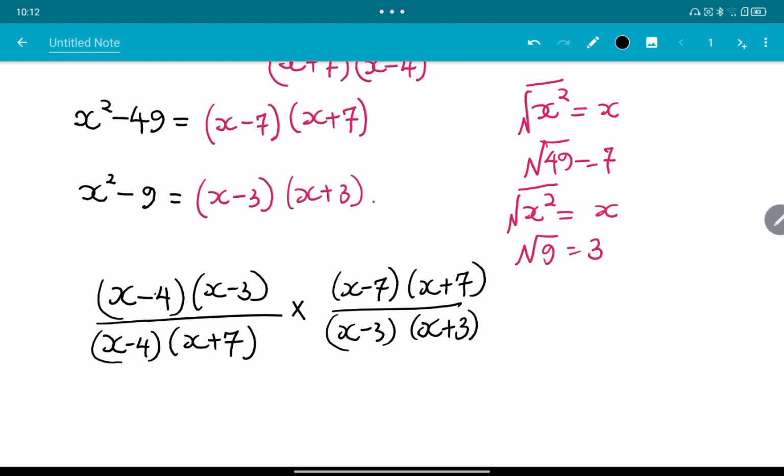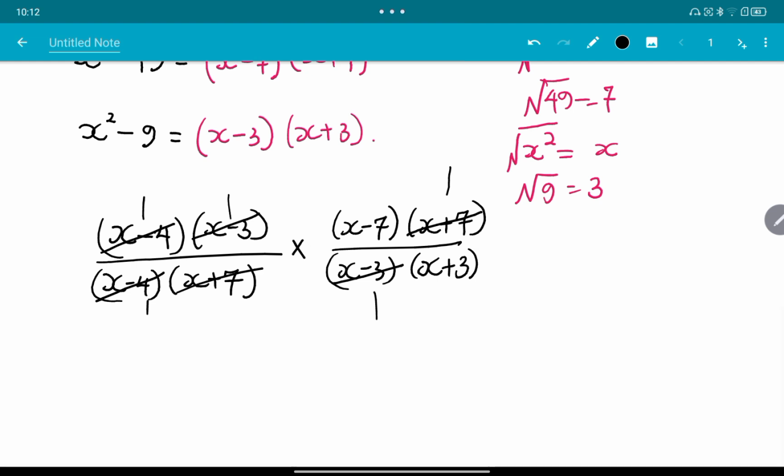Then at this particular point, we cancel out the like terms. Anything that looks alike that can easily cancel, we do away with it. X plus 7 and x plus 7 will cancel. X minus 3 and x minus 3 will cancel.